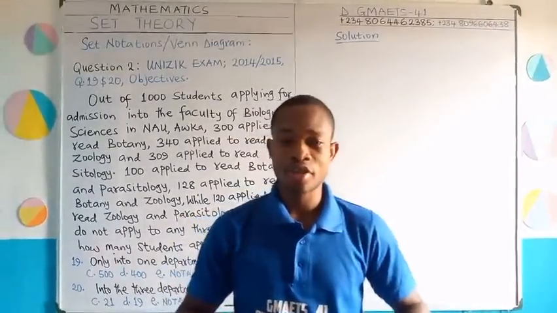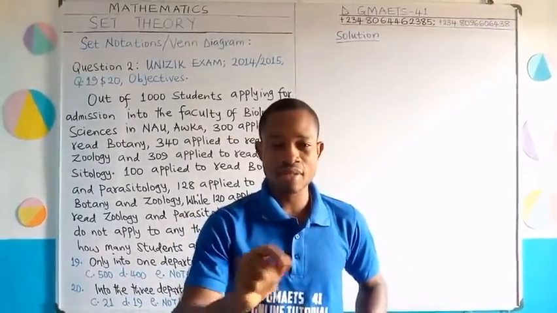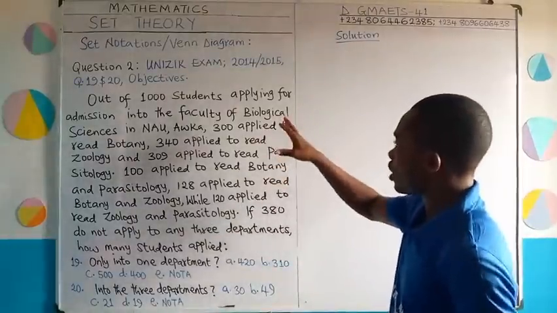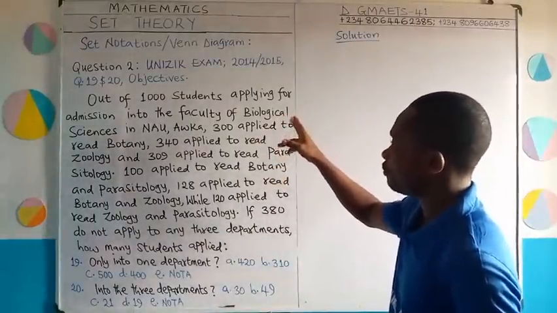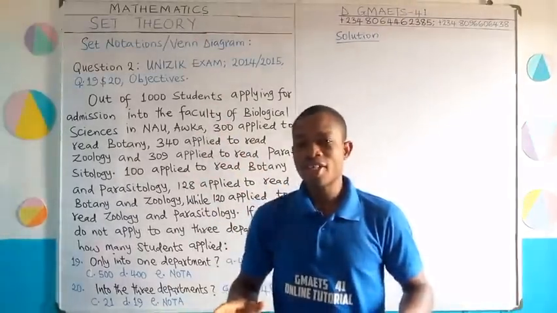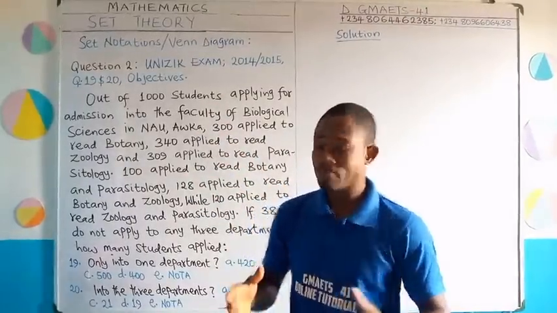Next on the application of Venn diagram is this question from UNIZIK. Here on the board, we've got this 2014/2015 past question, numbers 19 and 20, its objectives. So let us read the question and see what is required of us.